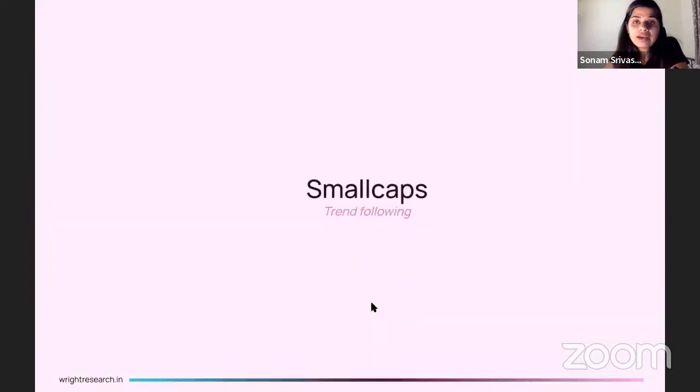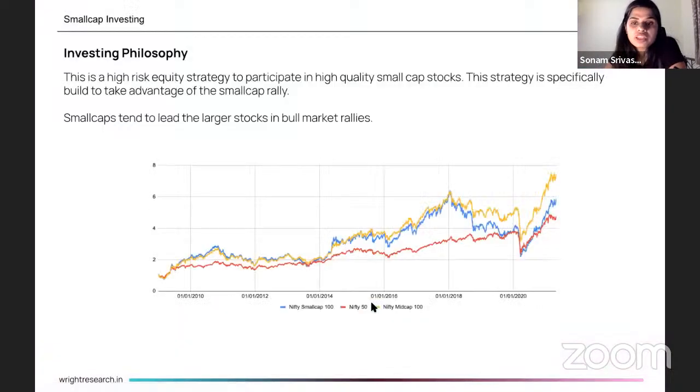Now, we have another interesting portfolio called the small cap portfolio. What this one does is that it applies the same multi-factor philosophy, but only for small cap stocks. And why invest in small cap stocks, right? Like I said, whenever you see there's a bull market, if you look at this chart, there was a bull market in 2014 to 16 or so.